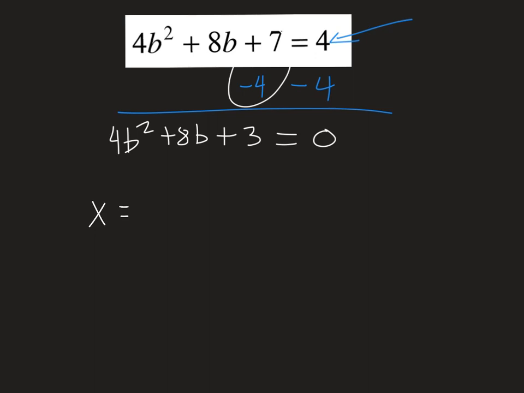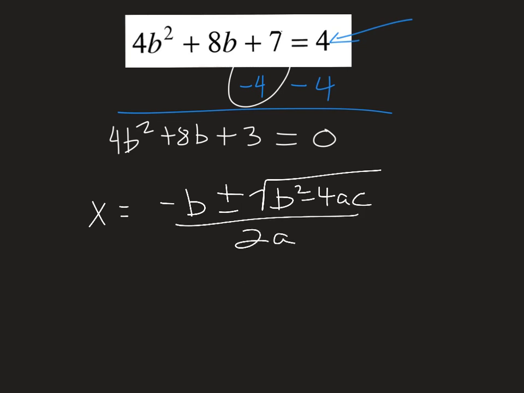So I'm going to do x equals opposite b plus or minus square root of b squared minus 4ac, divided by 2a. Then I'm going to substitute all of my values in there. So negative b is a positive 8, so that will be a negative 8 that I need to sub in there. Plus or minus square root.